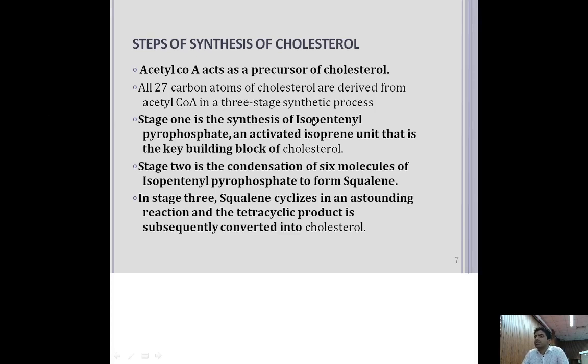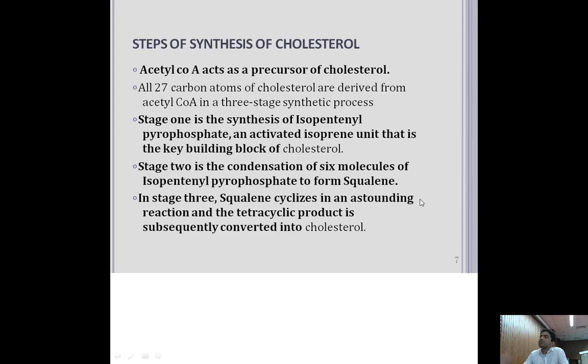So in the first stage, the synthesis of isopentenyl pyrophosphate. Basically, from acetyl coenzyme A, isoprene forms, and from isoprene, isopentenyl pyrophosphate forms. So in the first stage, you have to know these three terms only. When you write a flowchart, you will write acetyl coenzyme A, then arrow, then isoprene, then isopentenyl pyrophosphate. That's it. From isopentenyl pyrophosphate, you directly write squalene.